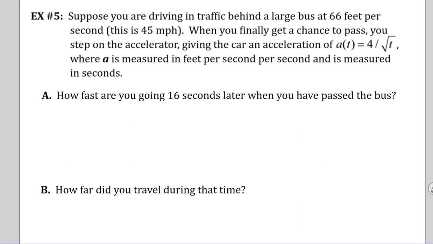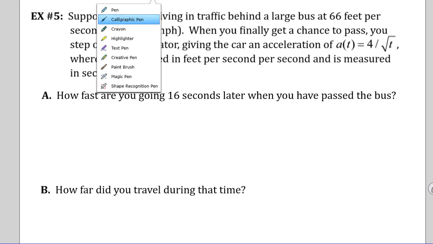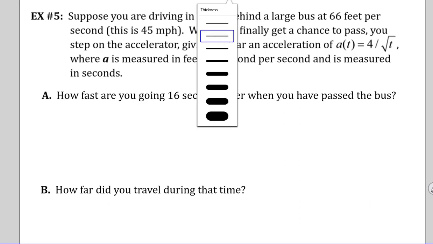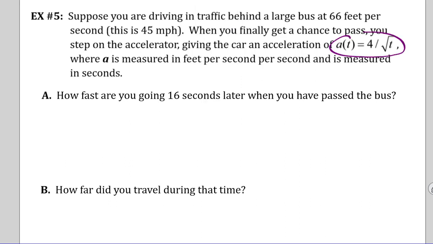Okay, so here's what we know in summary. We've got our function for acceleration. We're going to use this to figure out what our velocity is. V of t is going to be the integral of a of t, so 4 over the square root of t dt.